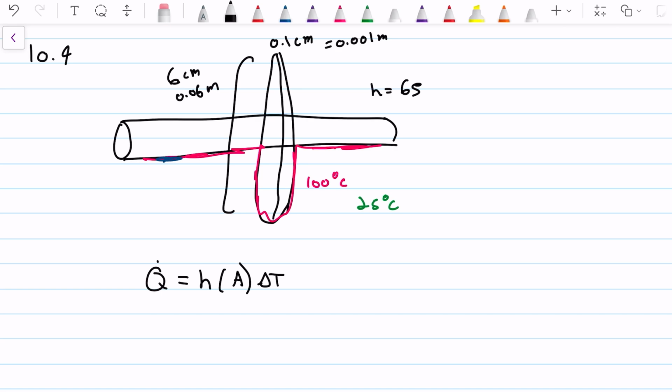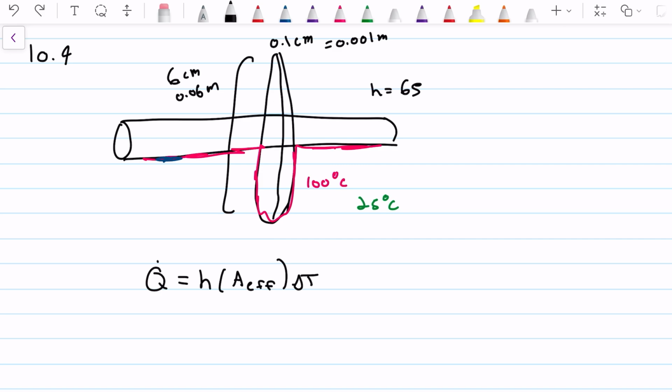Now, for these fin problems, generally, to make them simpler, we're just using efficiency. So I'm going to redefine my area to be area effective. I could just throw our efficiency out as a coefficient in the heat flux, but for the other problems that are not circumferential fins, it'll make a little more sense to do it this way.